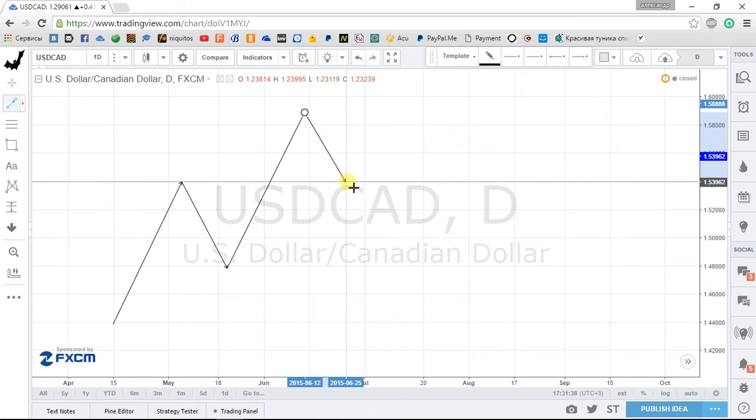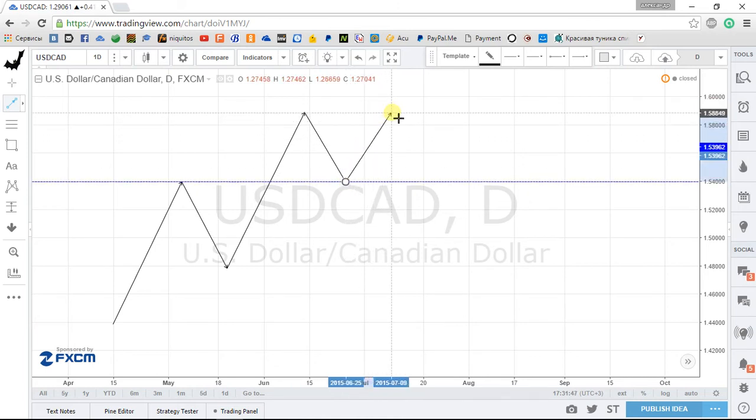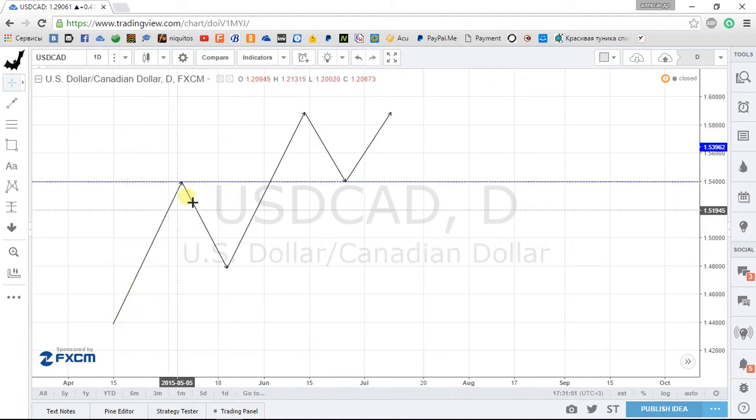What will we most likely do? Will we break this level? We will most likely bounce off this level. You have seen it many times. Price is turning, bouncing, then it is violating, then it comes back and bounces again.